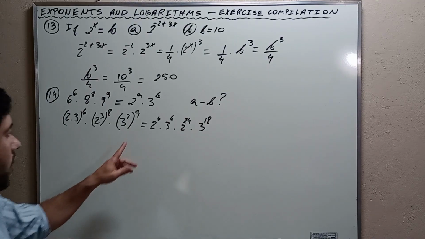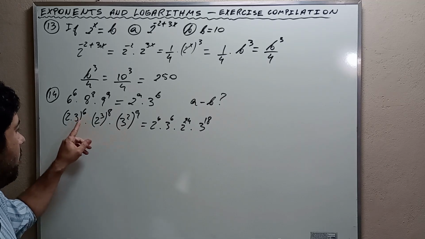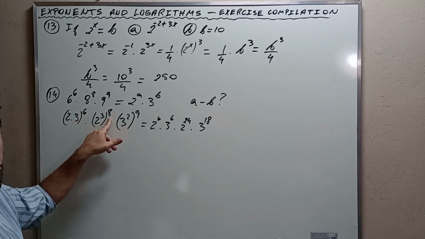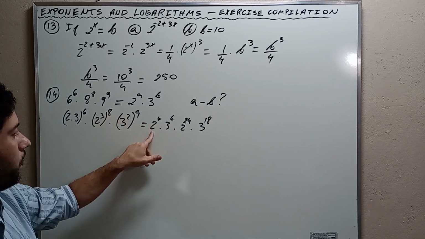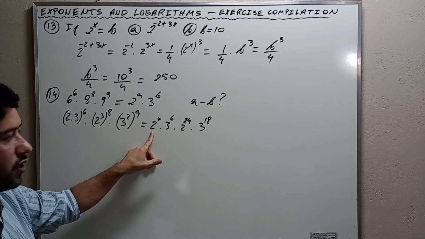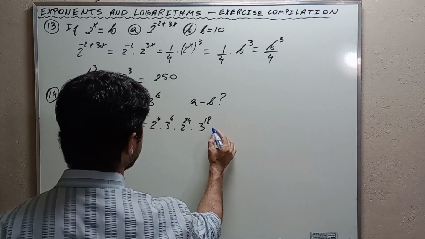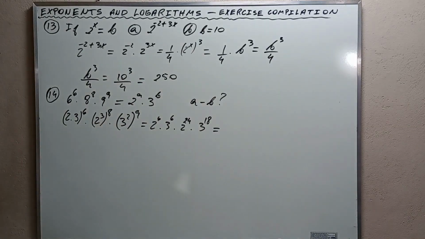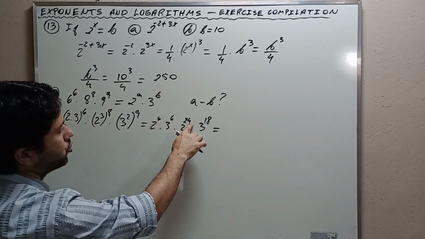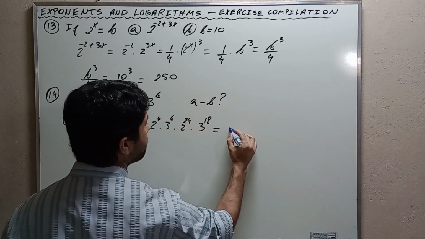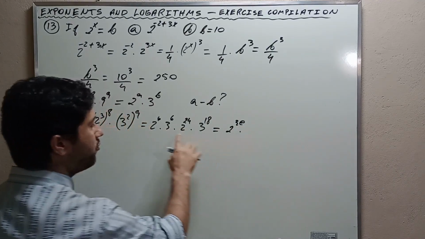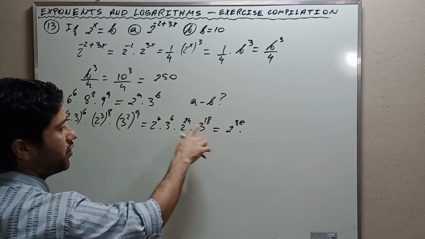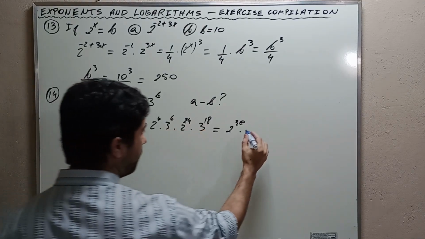And now it is not multiplication anymore like this. Here it was multiplication 3 times 8, 24. Now it is not multiplication anymore, it is addition. Then our number becomes 2 to the 6 plus 24, which is 30. And for the 3's, 6 plus 18 is 24.